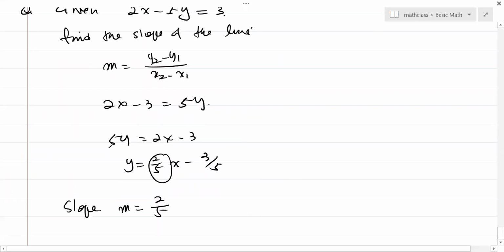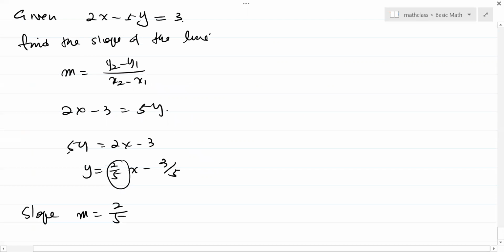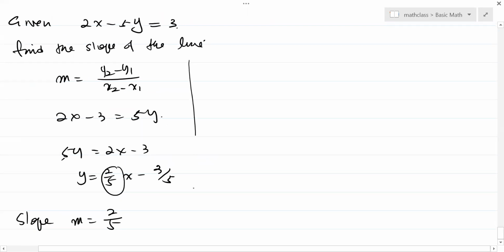So you don't need to sketch the graph. Even with the original definition of slope, you need the points on the graph, and you need to calculate the difference. But it's not necessary. If you have to do that, you have to find 2 points. When I'm going to get the y value, I can let x1 be 0. The y value is going to be -3/5. That's the first point. Then I let x2 be 1 if I want.